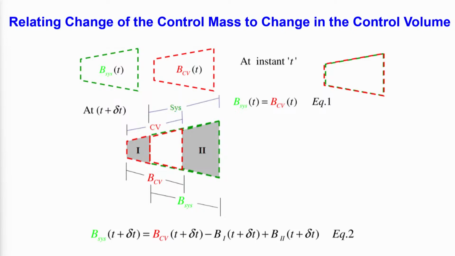So, what you are talking about is just the drawing. The new green colored thing is what you have in the control volume, which is the diagram at the top; from that you subtract 1 and add 2. That is what is there, a simple drawing represented in the figure.